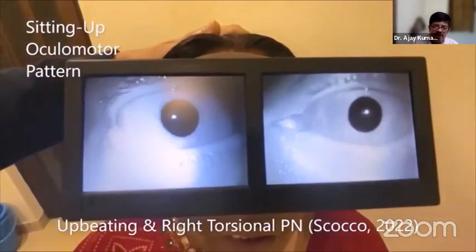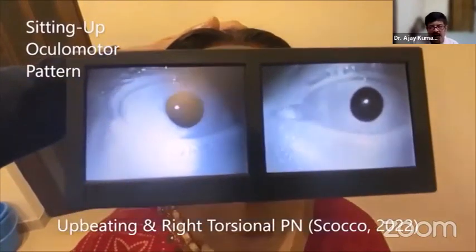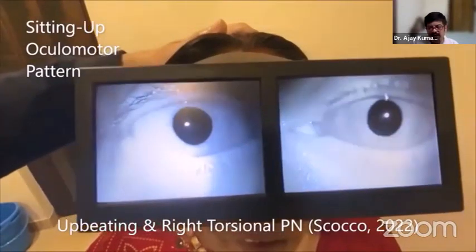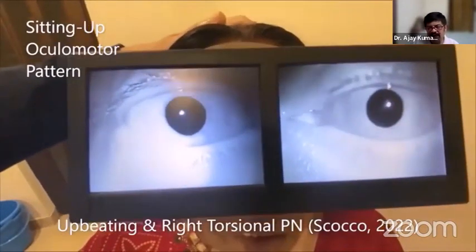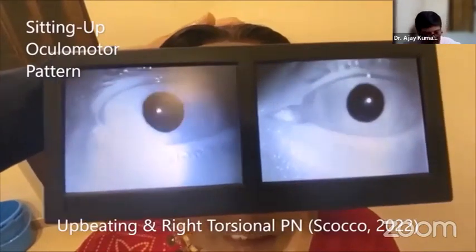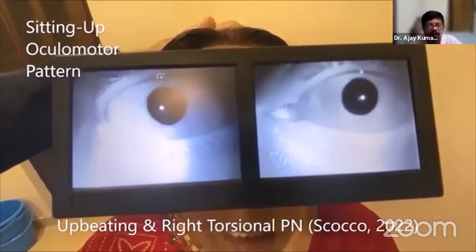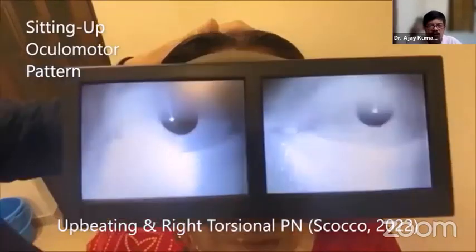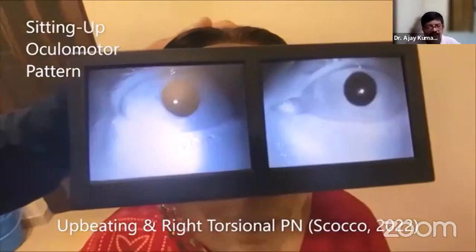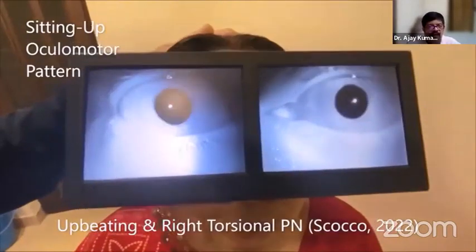So this patient had a double pathology, that is, the right posterior cupulolithiasis as well as right short arm posterior semicircular canalolithiasis. Many of you would be interested to know why I made a double diagnosis. My reason will be clear in the next slide.